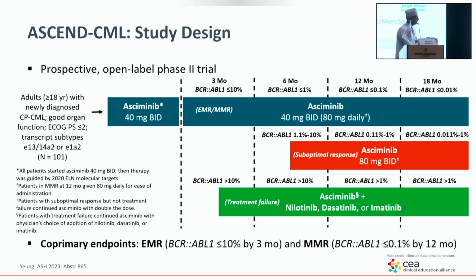If they had suboptimal responses, based on the ELN early response targets, the dose may be increased to 80 milligram BID, almost doubling the dose. And if they fail, they could be changed to nilotinib, dasatinib, or imatinib. So you go asciminib, and if you don't have a response, you go to imatinib.